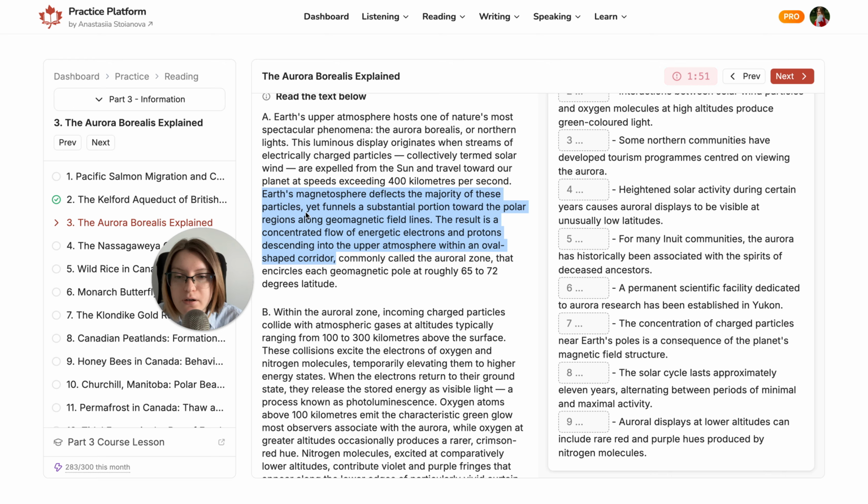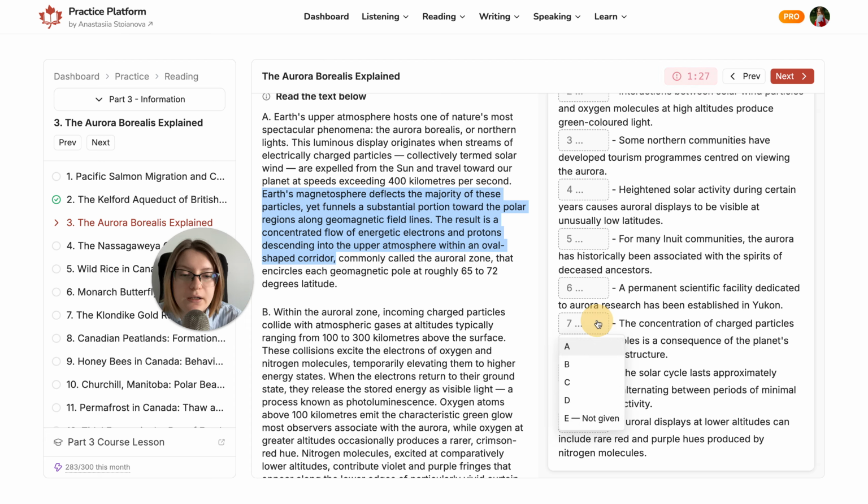We have the word particles. Earth's magnetosphere deflects the majority of these particles, yet funnels a substantial portion toward the polar regions. And then the explanation, the result is a concentrated flow of energetic electrons and protons. You don't have to understand these words, but you have to be able to find the key words and their paraphrase.